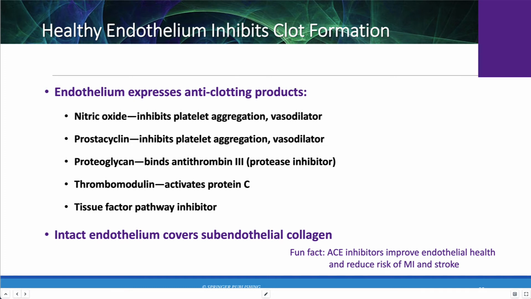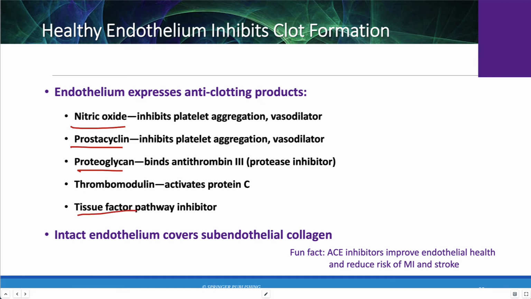And so we know that diabetics in particular have terrible endothelial function. Their vasomotion of the endothelium is impaired. They don't release significant amounts of nitric oxide, prostacyclin, proteoglycans, thrombomodulin, or tissue factor inhibitor.